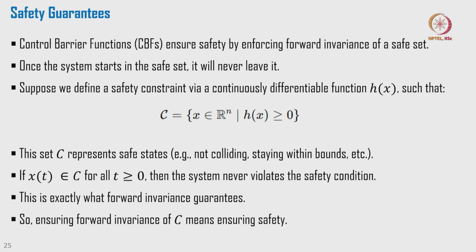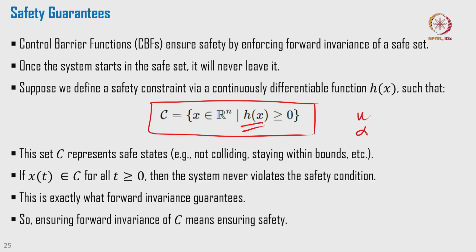What is the safety guarantee? The safety guarantee is that when the drone is inside this particular set C and we have this as a control barrier function, which has the property that it is continuously differentiable, then there is a control input u, and there is a class K function alpha. With all these constraints, we define a safety constraint with the control barrier function h(x), right? This set C represents the safe set.